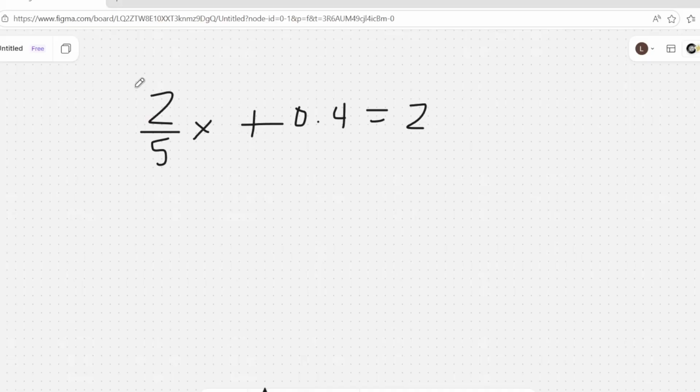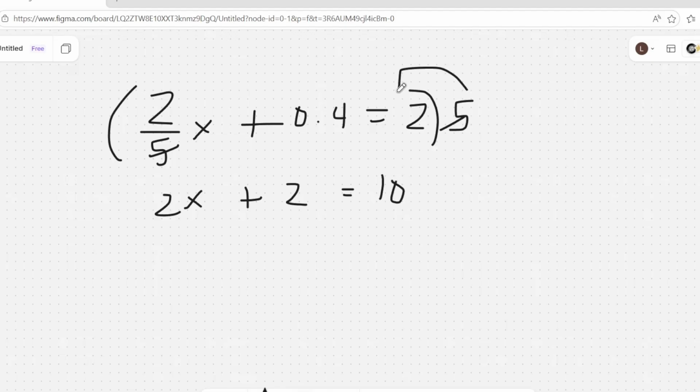So we can multiply all sides by 5. This will cancel out the 5, so it will remain 2x. 0.4 times 5 is equal to 2. And 2 times 5 is equal to 10.